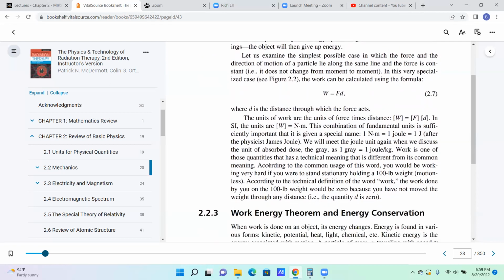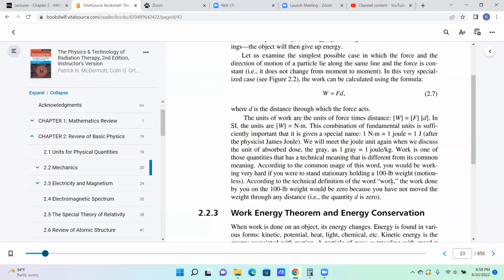Work is one of those quantities that has a technical meaning that is different from the common meaning. In other words, if you were working very hard today, it's not quite meaning the same thing as the amount of work that has to be done in order to move a particular object. So say you might be working very hard if you were standing stationary holding a 100-pound weight motionless.